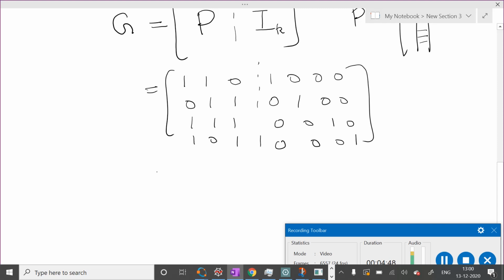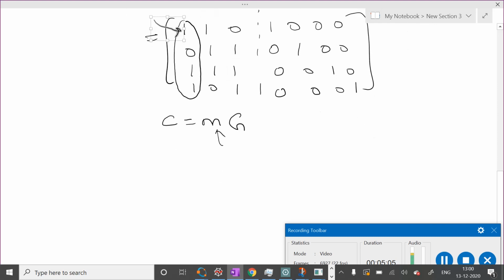See, if we want to generate a code word, you have to compute m times G, for given message bits. So what it does is, if you look at this, m0, m1, m2, m3, and then this P part, and then there is the identity matrix.